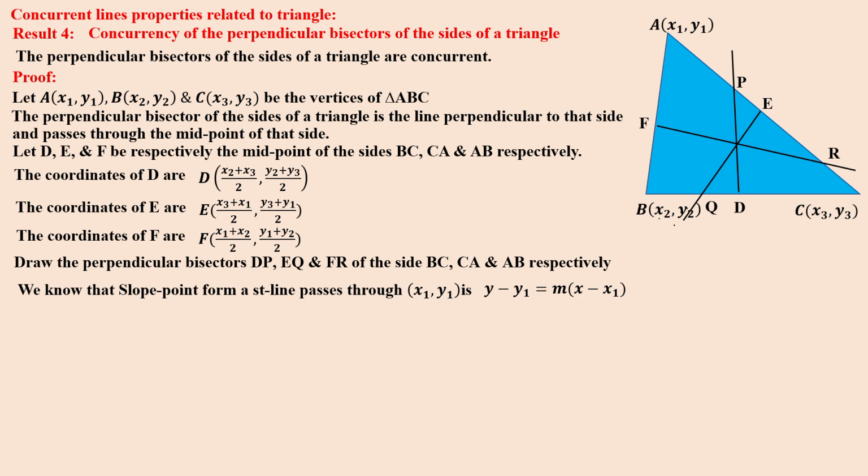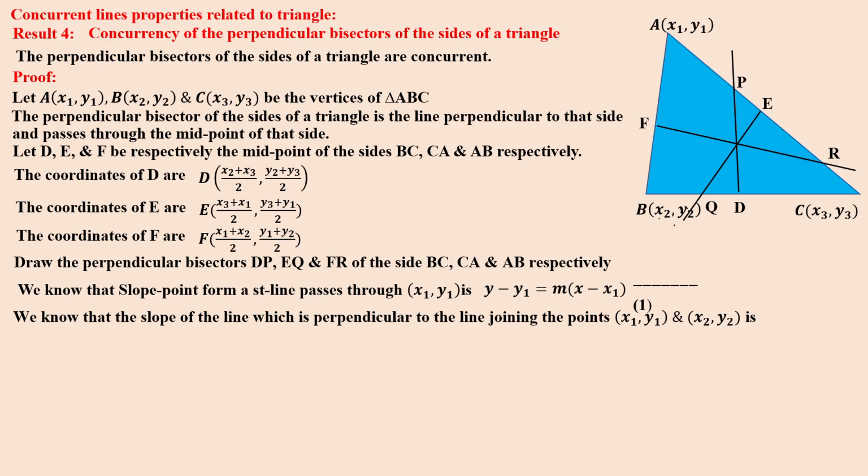So we know the slope point form: y minus y1 equal to m into x minus x1. That is equation number 1. And we also know the slope of the line perpendicular to the line joining the points (x1, y1) and (x2, y2) is minus (x2 minus x1) by (y2 minus y1), right?